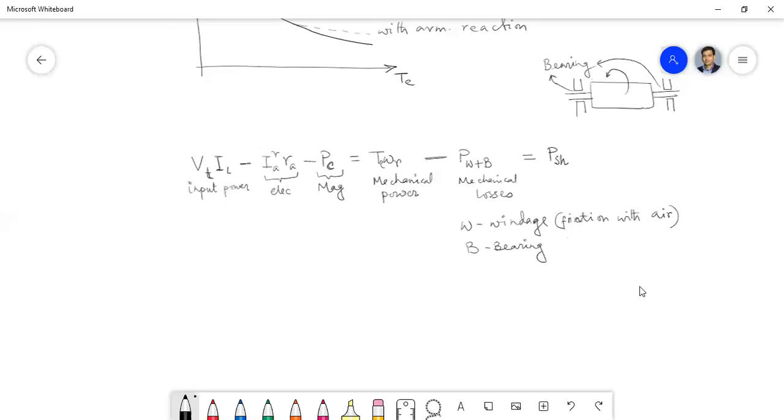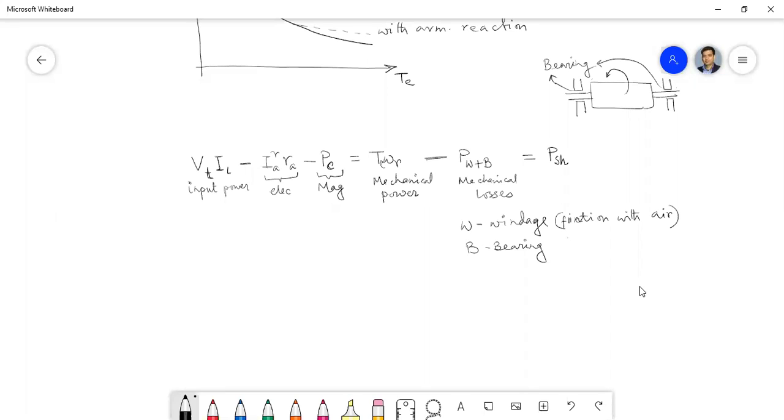Just see if you have any doubt. Okay, now if we have the question that how do we separate these losses during the experiment? So we separate the losses one by one.